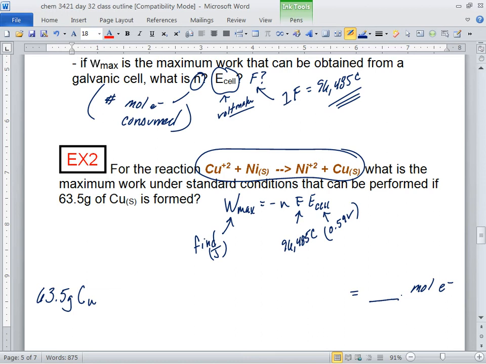Your big W. So your final answer should be in joules whenever you put in those units? Yep. Because a volt is a joule per coulomb. And actually what we're kind of missing here is that F is coulombs per mole of electrons.